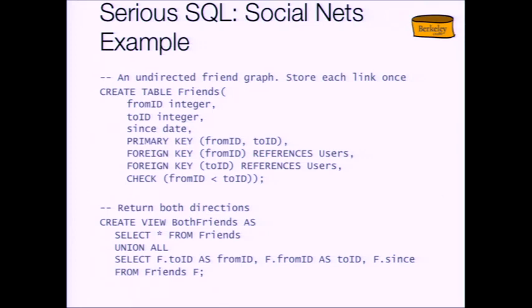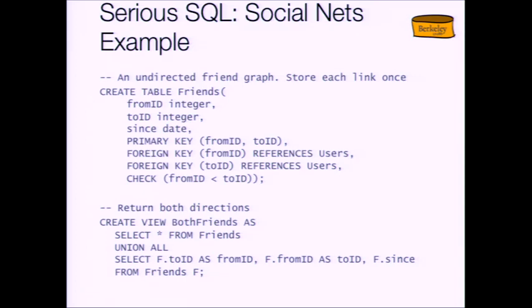So this is an example where you might do something with social networks, and let's say you have this table friends, where you have the ID of a person as the source of the relationship, and the ID of the person as the destination of the relationship. So the from person is friends with the to person. Since a certain time, you only want each one of those in there once.